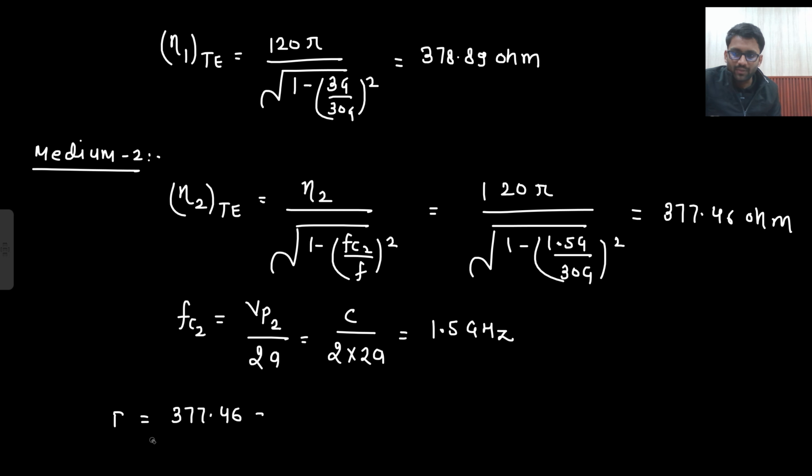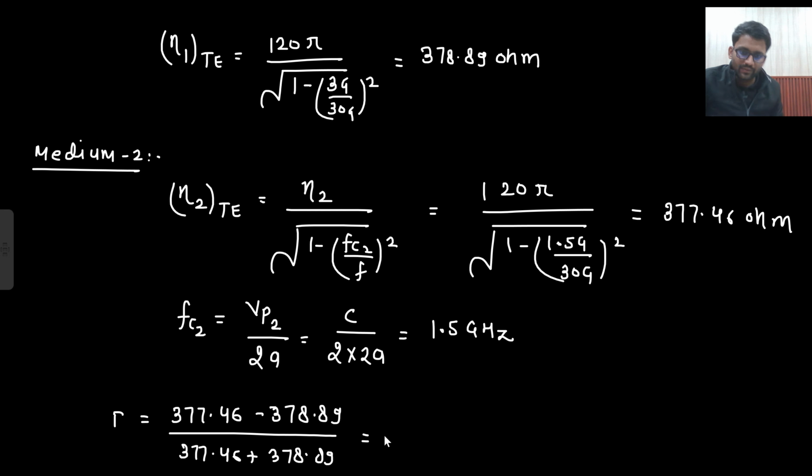Now if I need to calculate the mode of gamma, that would be eta 2 minus eta 1. Here I am calculating gamma only. Divided by 378.89, 377.46 plus 378.89. So what I am getting, minus 378.89 divided by bracket 377.46 plus 378.89.